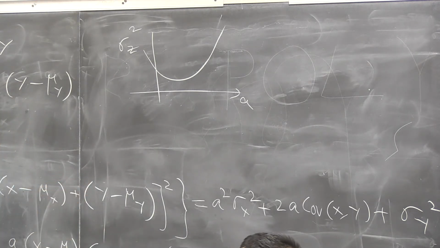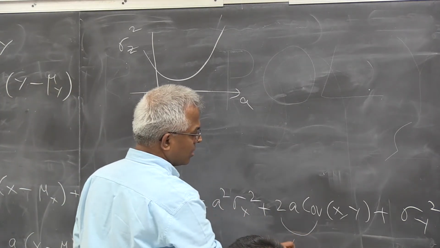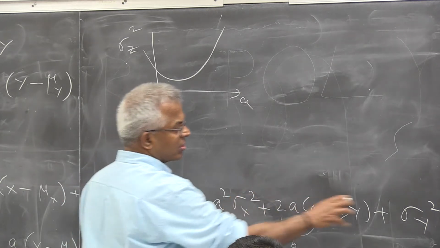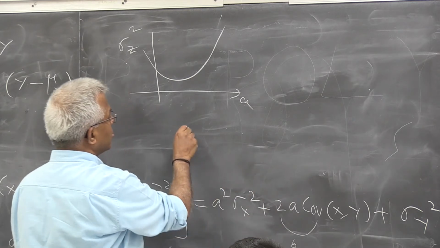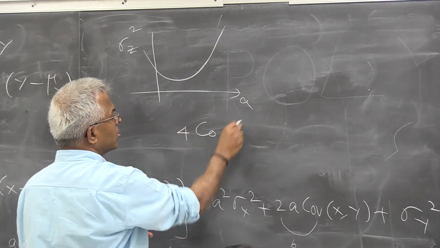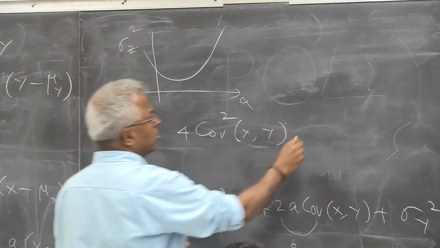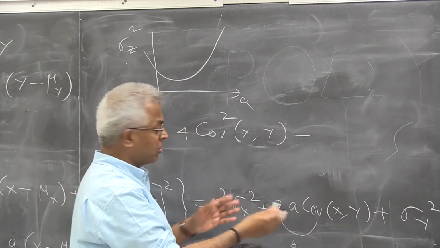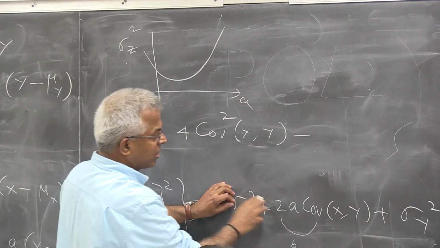What is the condition for imaginary roots? The discriminant, b squared minus 4ac, is negative. So this is your b, this is your a, this is your c. What is the discriminant? Remember quadratics: this is your x squared multiplied by a, x squared plus this.